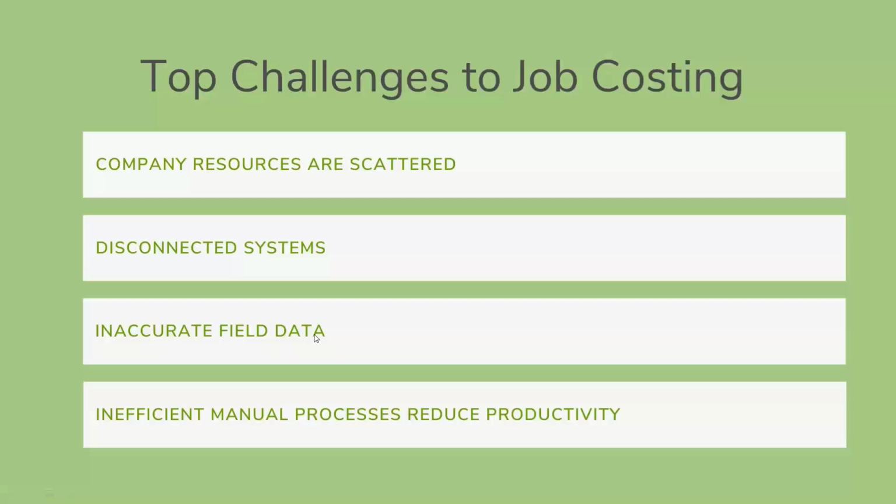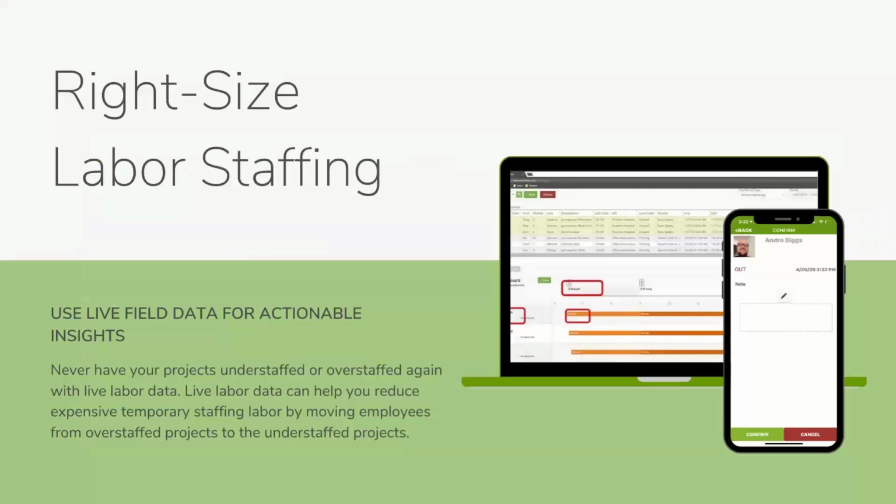This leads to inaccurate or old data that you're making these business decisions off of that are, of course, critical and have a large financial impact. And then, of course, one of the challenges that really adds to this is having manual methods of tracking that progress. We don't want you to have extra or additional meetings that are possibly unnecessary if that data was shared throughout your enterprise on a real-time basis.